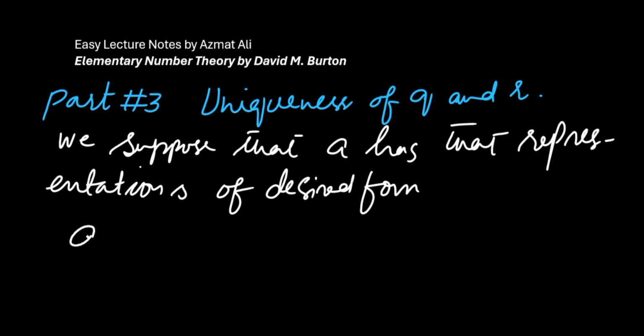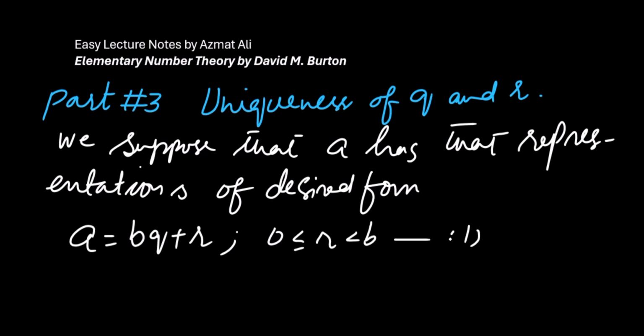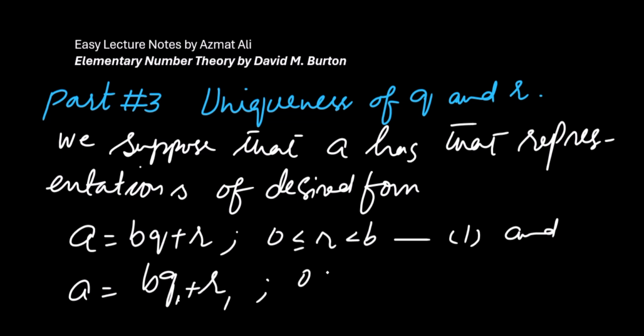A is equal to BQ plus R, where R lies between 0 and B. This is my first representation for A, and similarly I have another representation for A. A is equal to BQ1 plus R1, and R1 lies between these two.